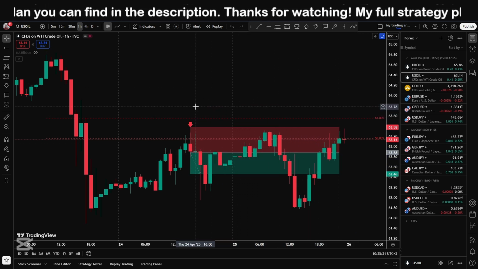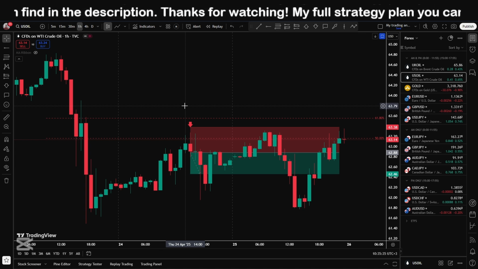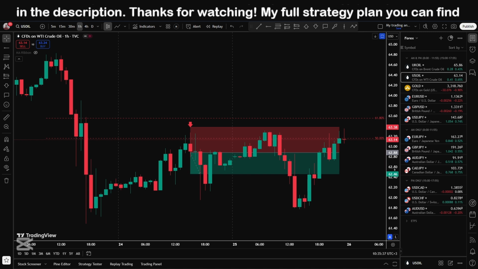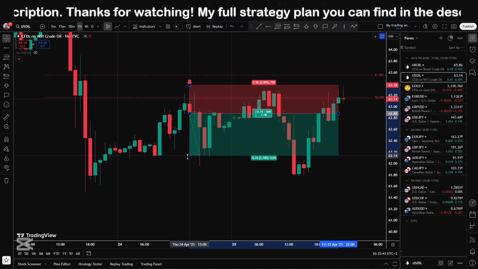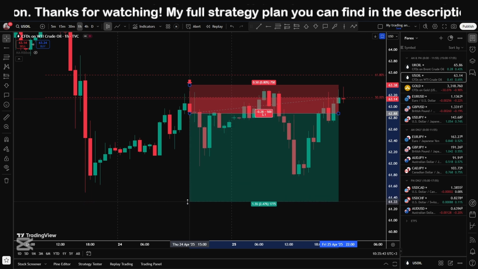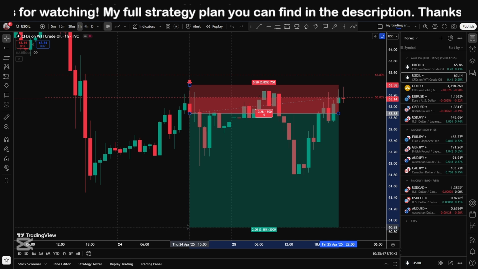When I take trades from daily levels, I use risk reward ratio 1 to 4. Again, this is only for oil trades. 1 to 4 is right here.